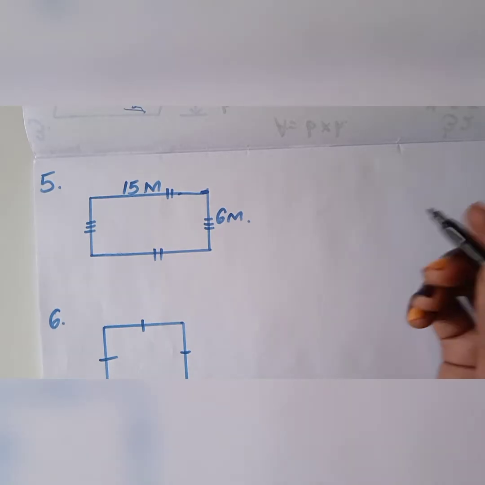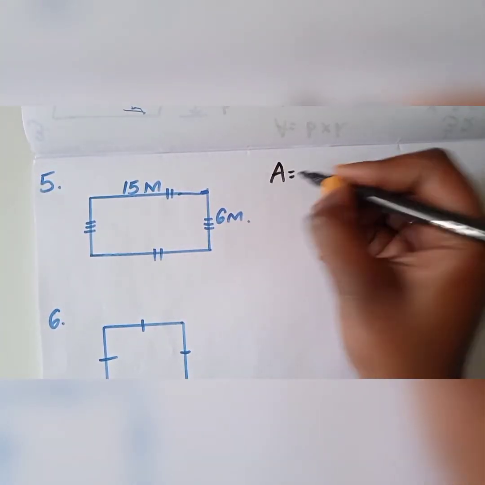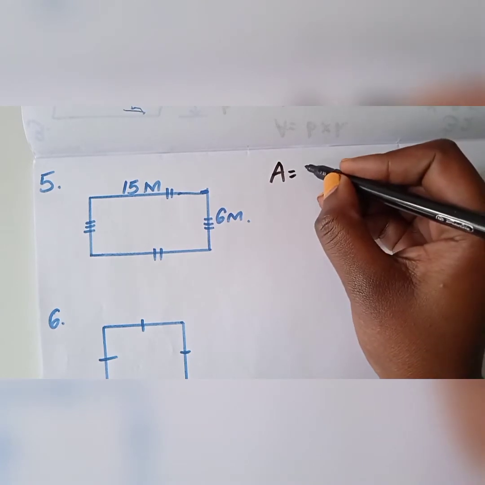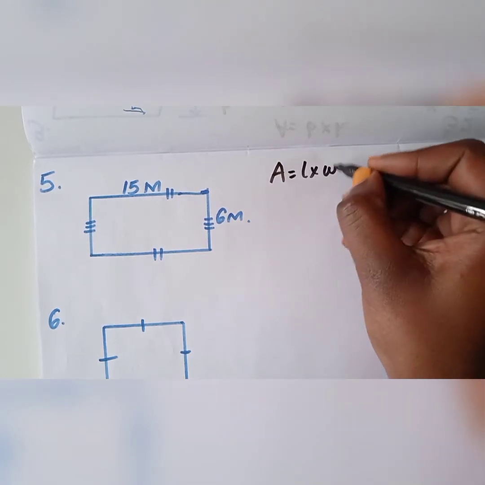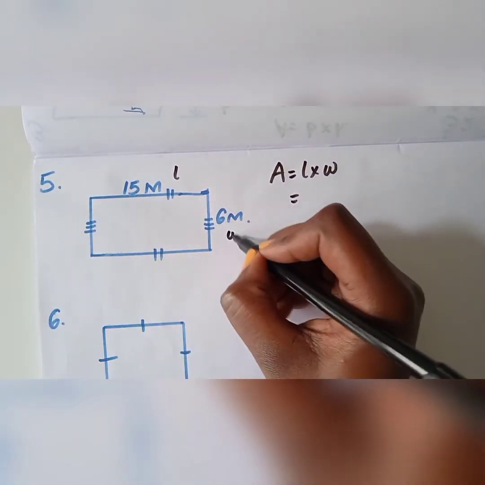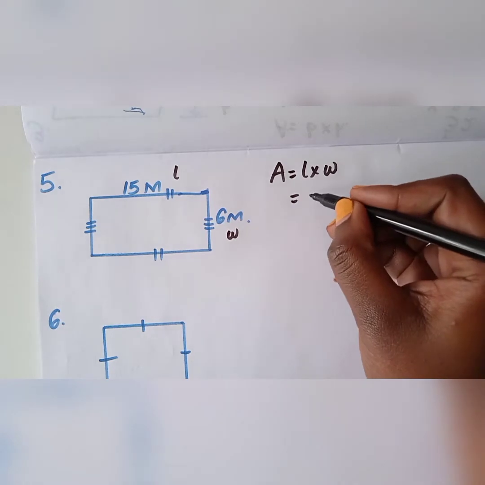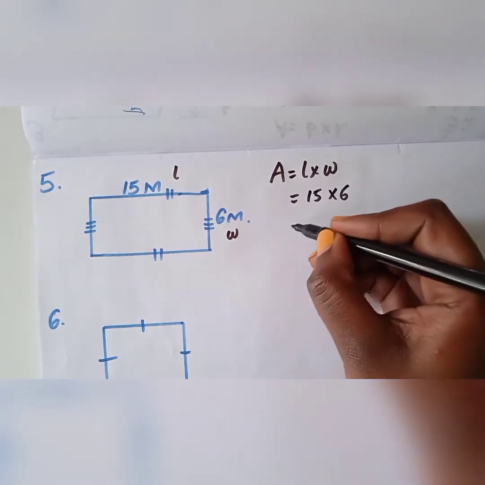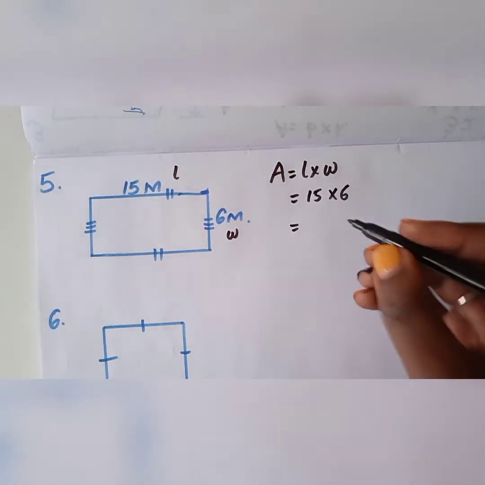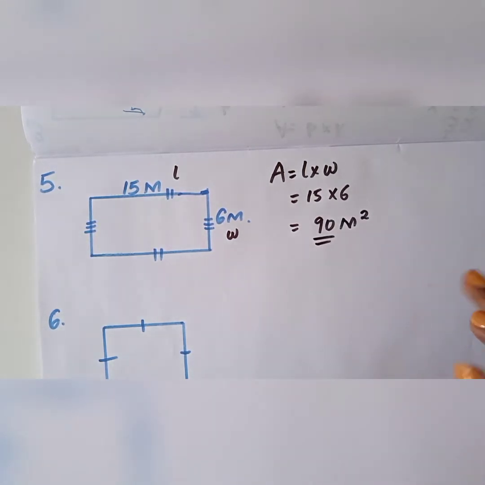Now number 5, this one is a rectangle. So area of a rectangle equals length times width. This is our length, the longest side, and the width is the shortest side. So now time for substitution. We have 15 times 6, and if you do your multiplication there, you should get 90 meters squared.